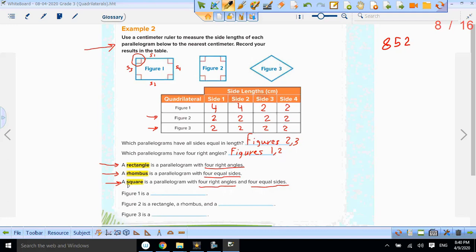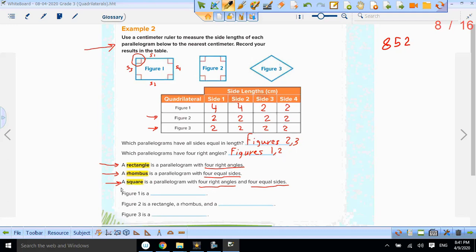So, if I ask you, what is a parallelogram with 4 right angles? Don't say square, but say rectangle. And when I ask you, what is a parallelogram with 4 equal sides? Don't say square. It is a rhombus. But if I ask you, what is a parallelogram with 4 right angles and 4 equal sides? You say square.